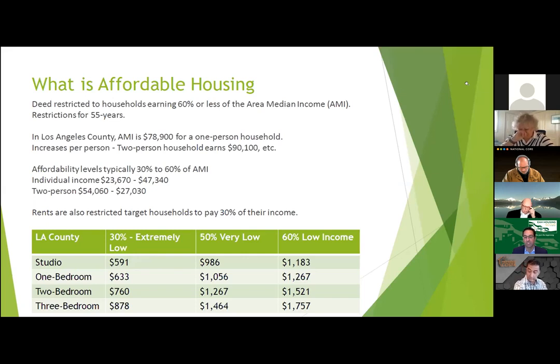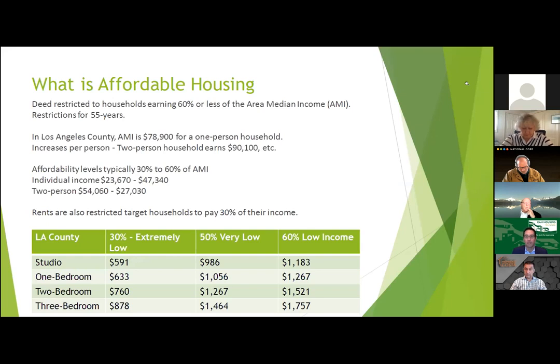And it increases per person, so 2 people in a household, 3 persons, and so on. When we talk about renting to people that make between 30 and 60% of the area median income, that means between $23,000 and $47,000 in LA.